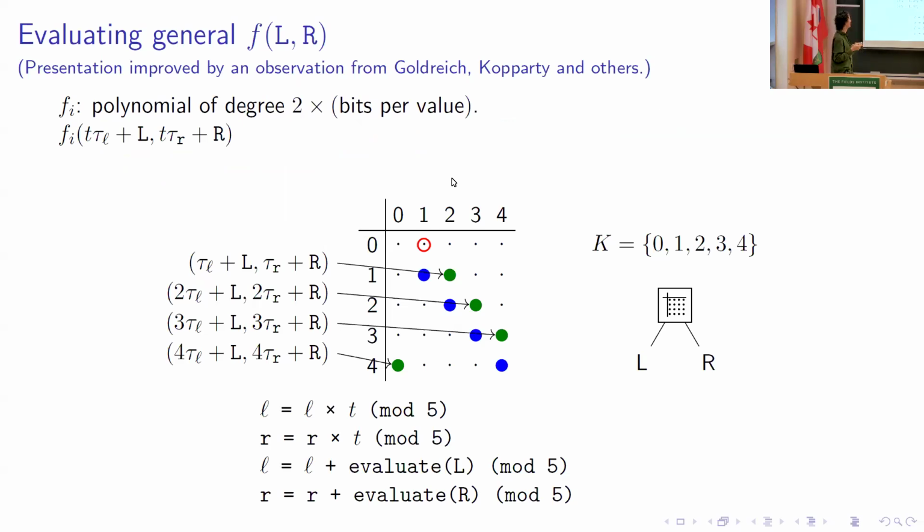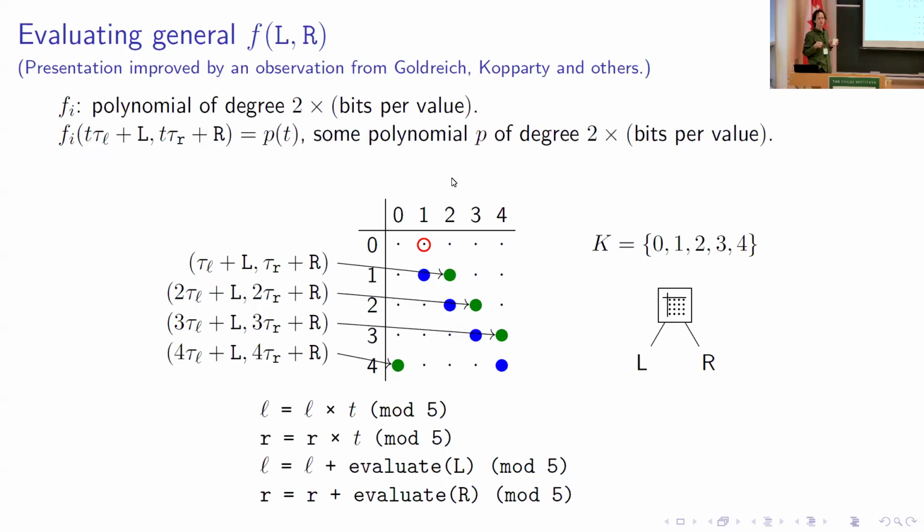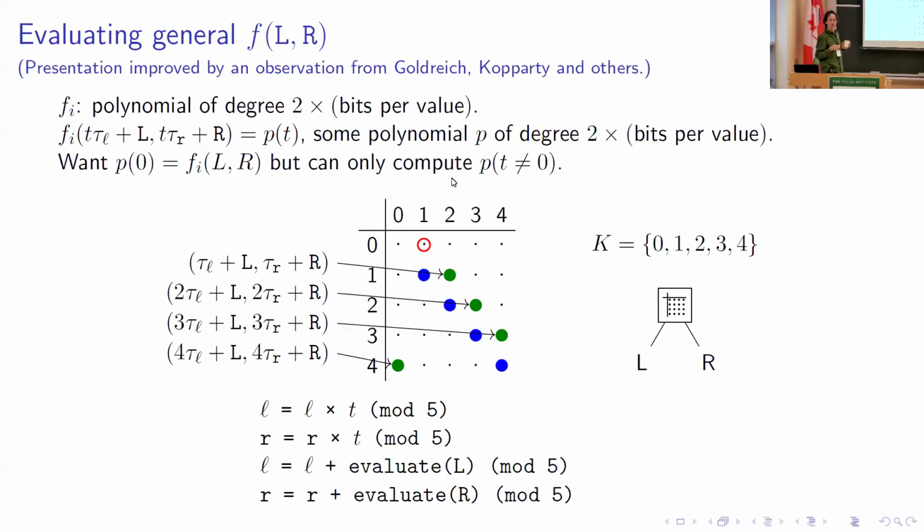Given any t, I go to that point on the line and evaluate my function f. This defines some polynomial, which I'll call p. It's a polynomial in one variable, and again, its degree is at most 2 times the bits per value parameter. And we want p of 0. P of 0 is literally just f of L comma R.